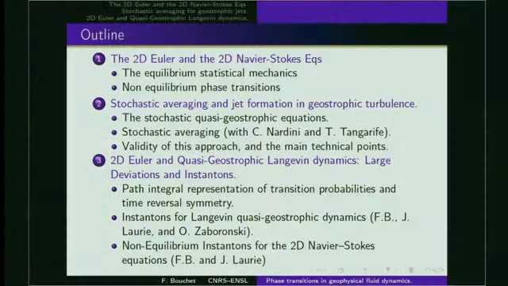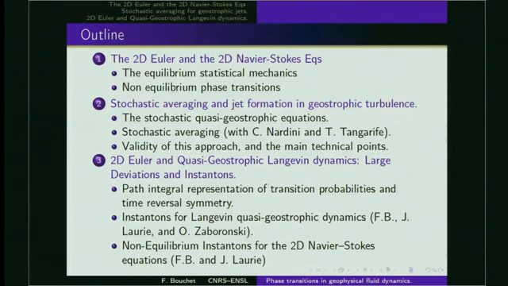So I will begin by talking about the 2D Euler and the 2D Navier-Stokes equations, talking rapidly about equilibrium and non-equilibrium phase transitions, and then I will speak about the part of the program which consists in passing through stochastic averaging and jet formation, and I will do that in the example of the barotropic quasi-geostrophic dynamics.